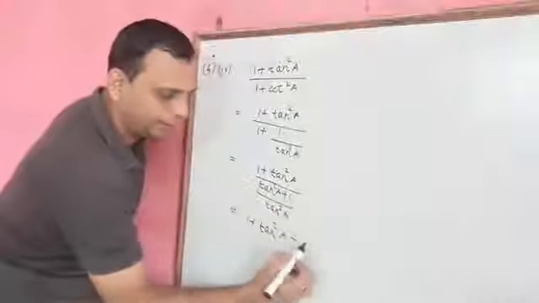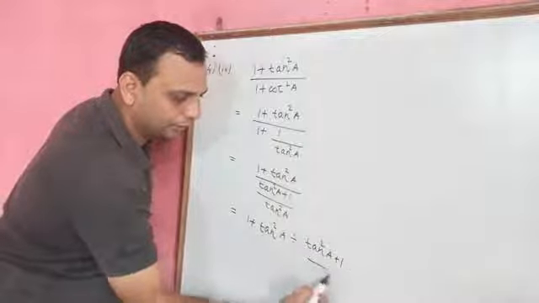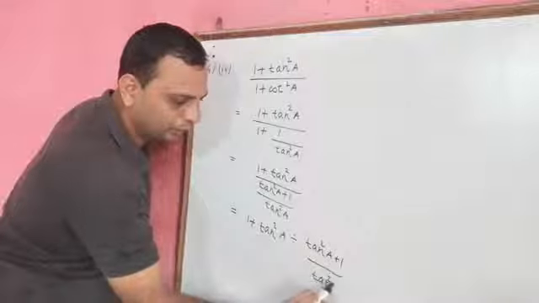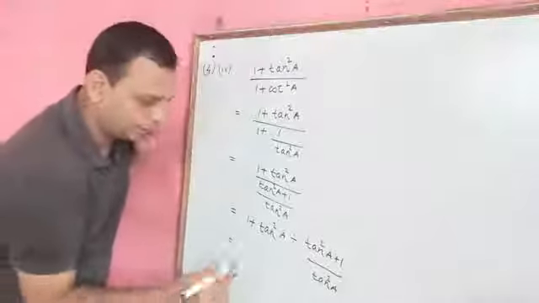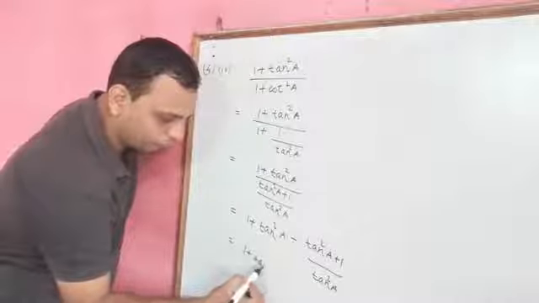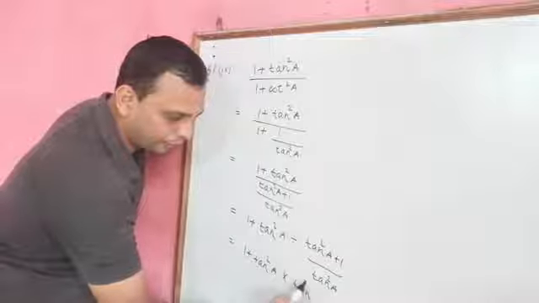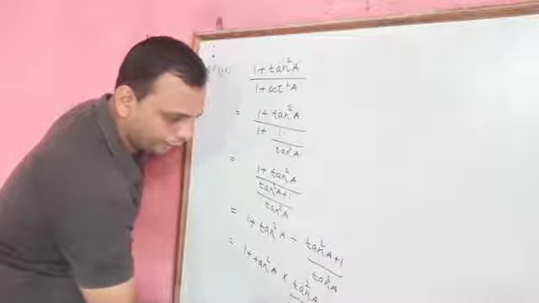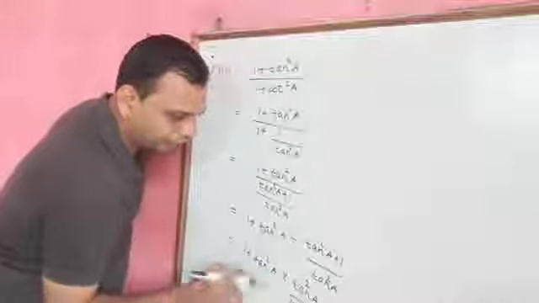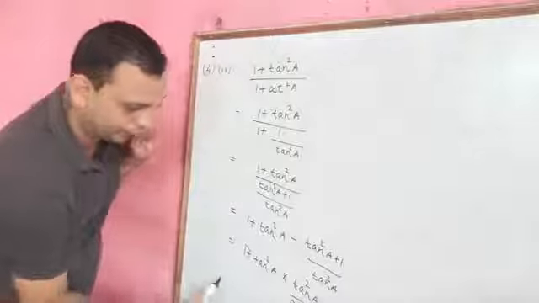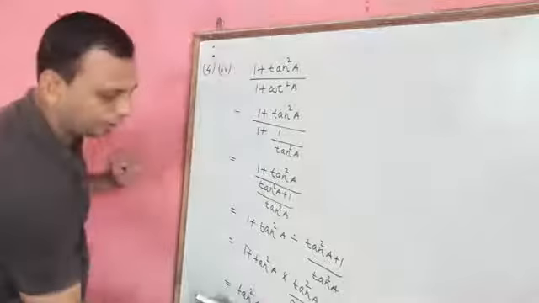Because this is in the form of divide, the divide sign will be removed and the multiply will come. 1 plus tan square A is equal to tan square A, 1 plus tan square, 1 plus tan square cancel, equal to tan square A is the answer for the last question.